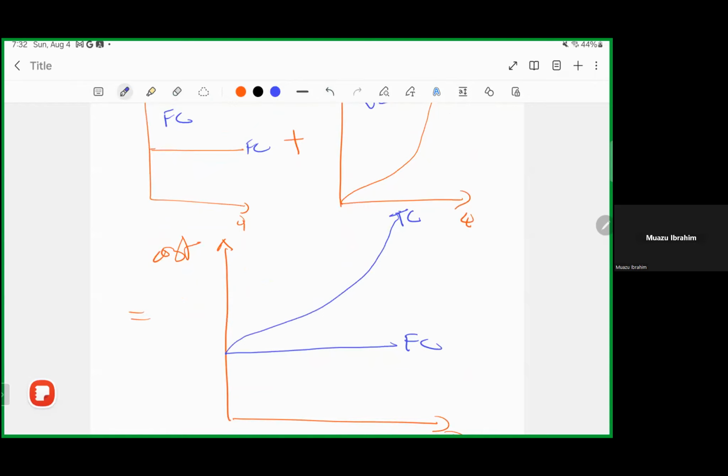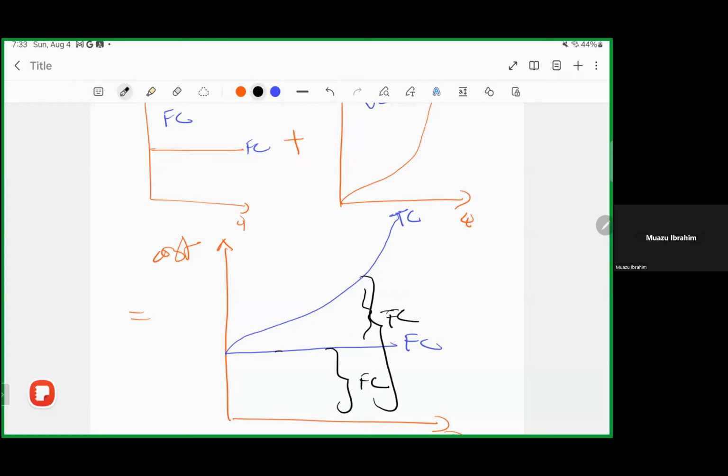So you realize that from here to here is the fixed cost. And from here to here is the total cost, which means the variable cost is here.